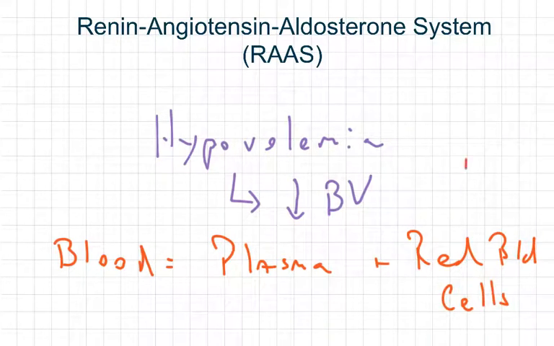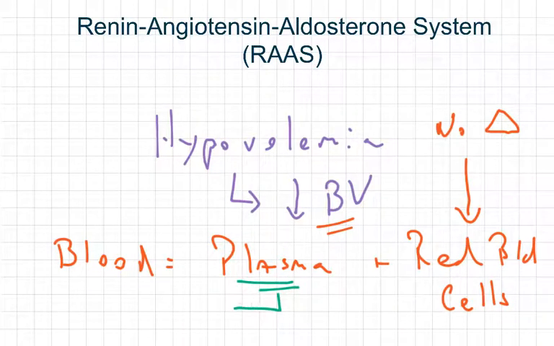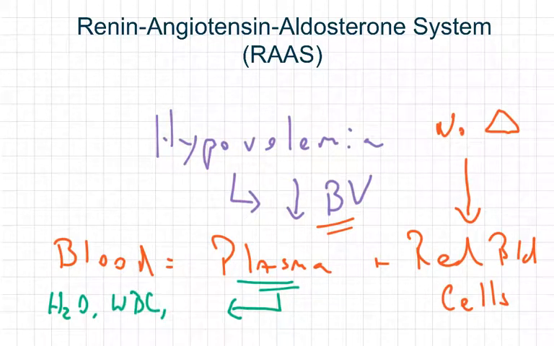And so typically this portion of the blood, the red blood cells or erythrocytes, does not change. So when we start talking about changes in blood volume, the primary focus is going to be on plasma, because the components of plasma are water, white blood cells, and other components.